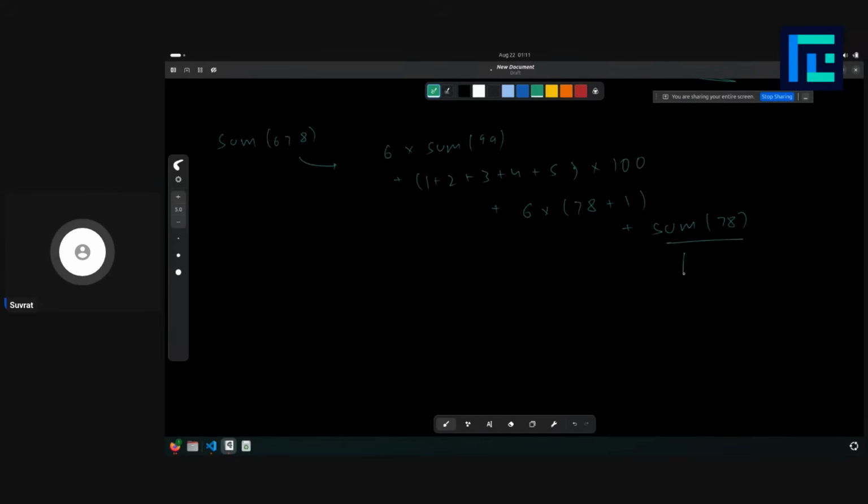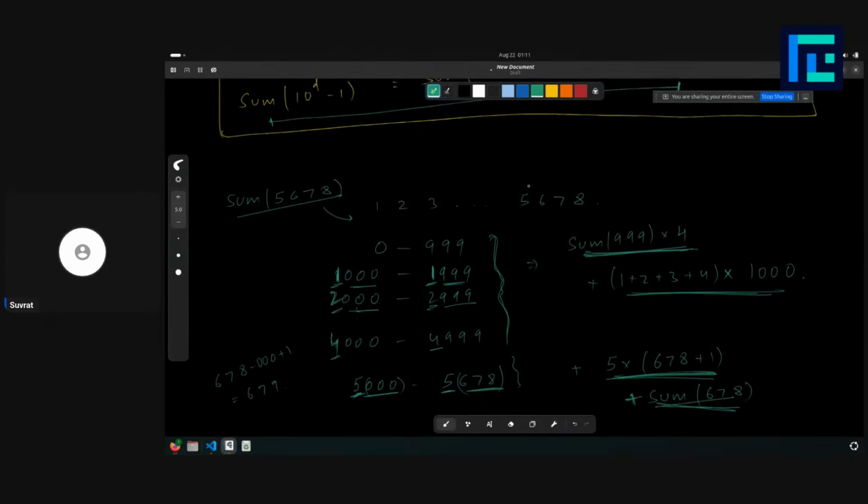And for sum till 78, again we will get the same recurrence relation. 7 into sum till 9 plus 1 plus 2 till 6, then 7 into 8 plus 1, and then plus sum till 8. And for sum till 8, we can directly just do 8 into 9 upon 2.